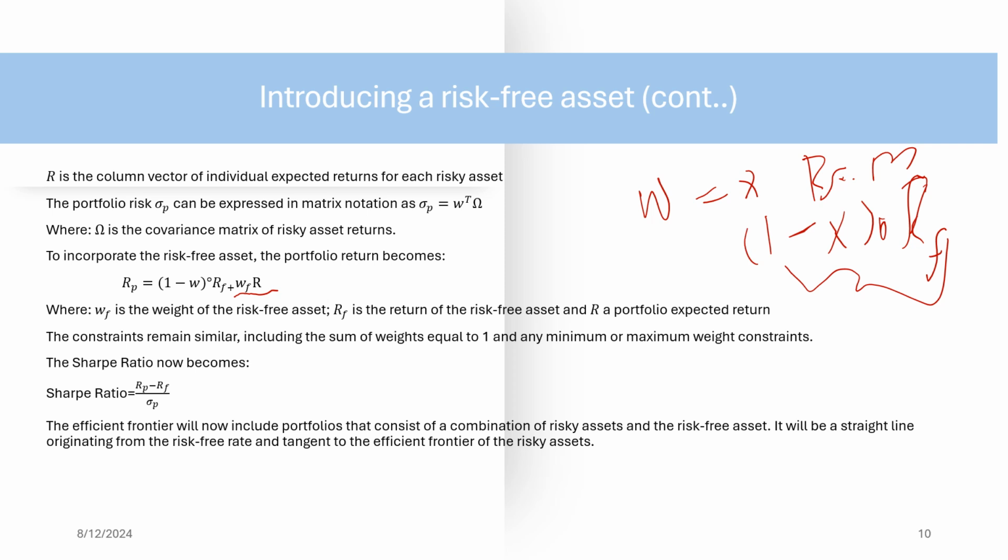So yes, these constraints remain similar. In other words, we want to make sure that the weights W sum up to 1 and that any minimum or maximum weights will be within the bounds.